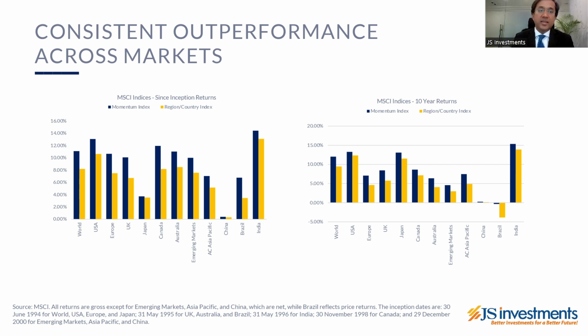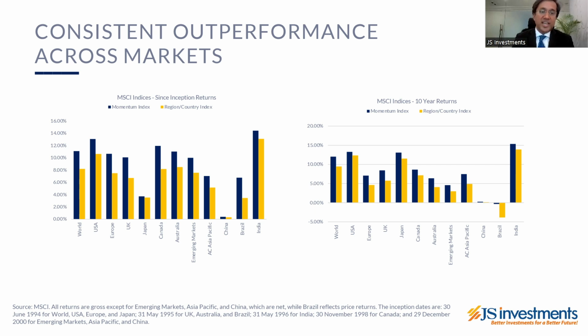So yes, indeed, there is an extensive amount of data available to prove consistent long-term outperformance of momentum factor investing across markets. Quickly, if you look at this slide, we have gathered the MSCI indices capturing both the momentum index as well as the underlying region or country's index performance. As you can see, for instance, the world index has returned 8%.